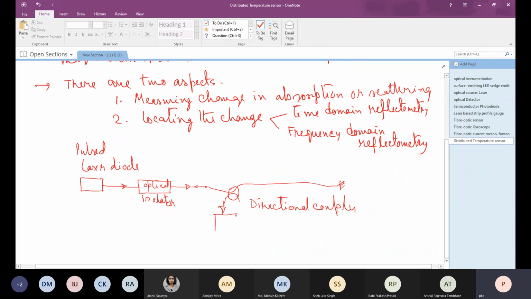And then we have a fast response photodiode. It could be an APD.